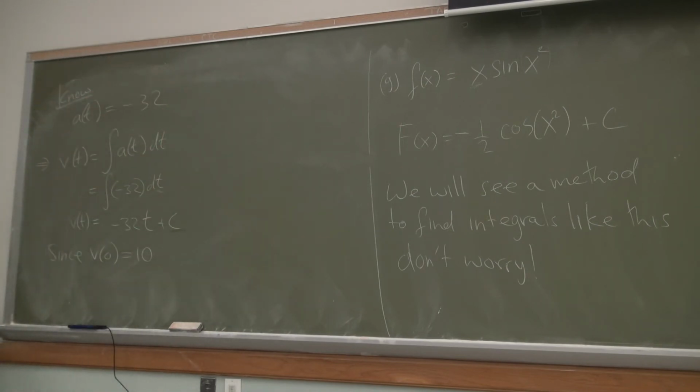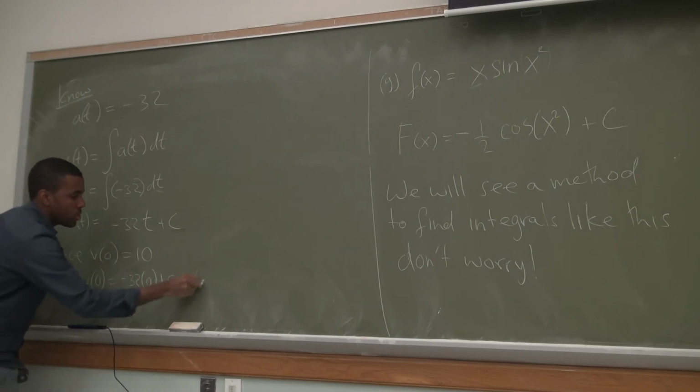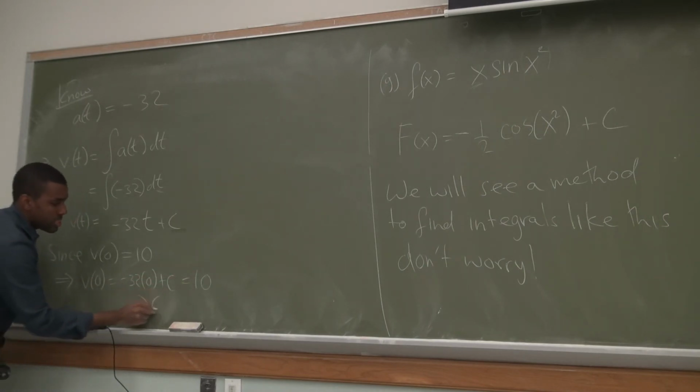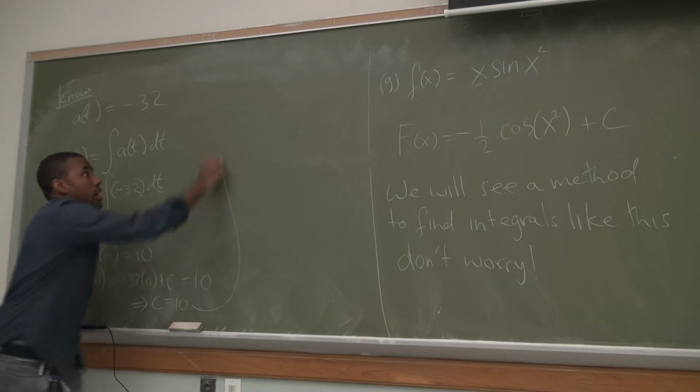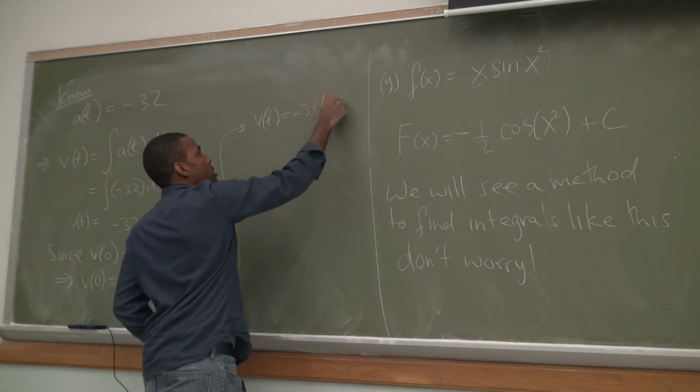When the clock starts, I'm moving at 10. This means v of 0 is just minus 32 times 0 plus c. That should be equal to 10. This means that c equals 10.